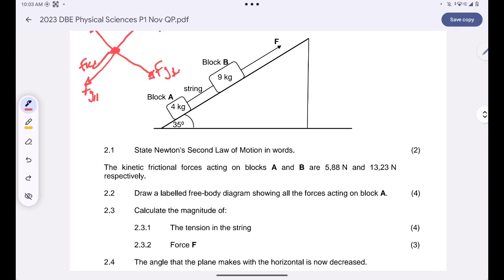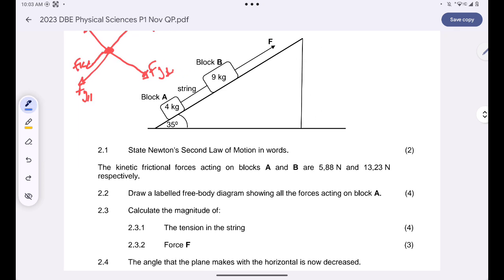Others would prefer to draw the free body diagram like this. I'll simply have my free body here. I'll have tension, F normal, and then I have friction, and then I'll have weight here. Please remember that weight is acting vertically downwards.